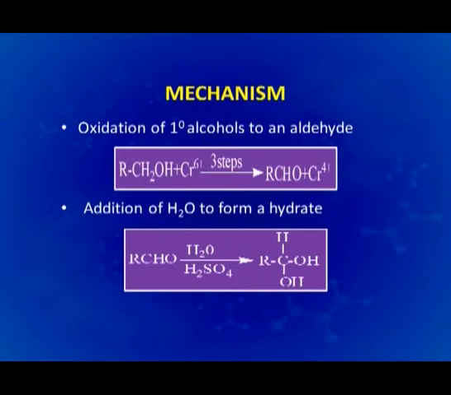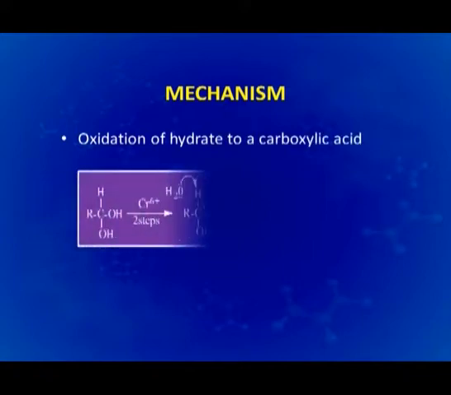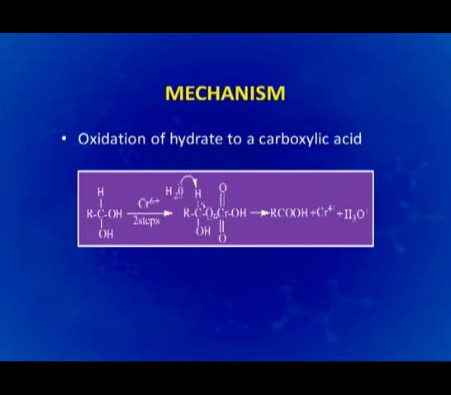This is the most important step to understand the mechanism of oxidation, because if you want to stop the reaction at the aldehyde stage, we require milder oxidizing agents, that is pyridinium chlorochromate in methylene chloride. If you want to continue up to the carboxylic acid stage, we can use potassium dichromate or potassium permanganate or sodium dichromate, and here the oxidation of the hydrate to the carboxylic acid is the last step.